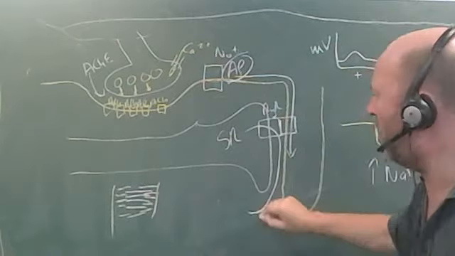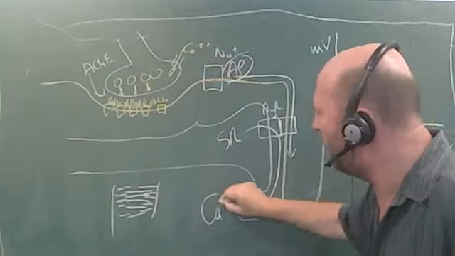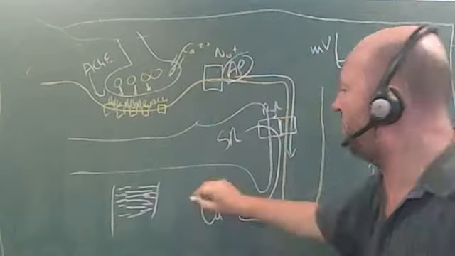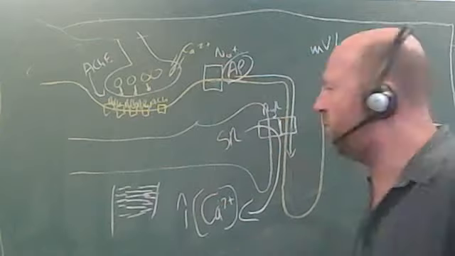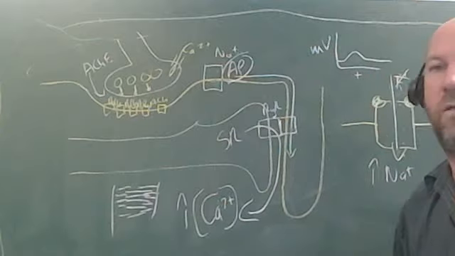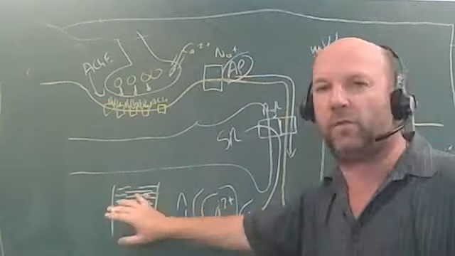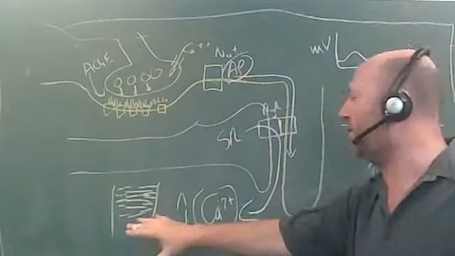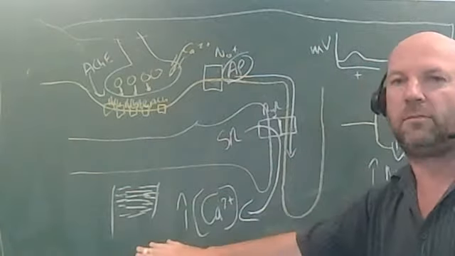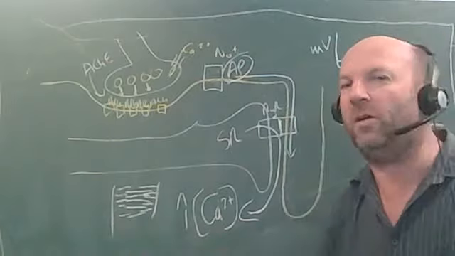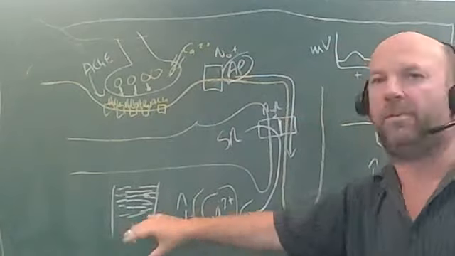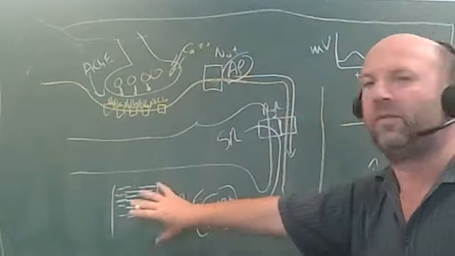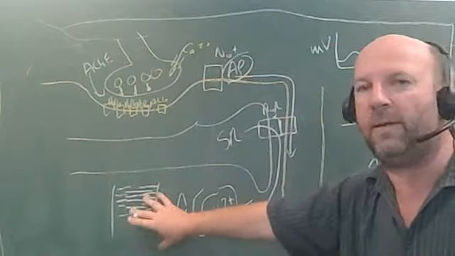So calcium ions come rushing out, and this increases intracellular calcium concentration dramatically, enough to produce muscle contraction. Now the production of force by the muscle via this is another story, and I'll put a video up about that later, maybe tomorrow or something. So we won't worry about that.